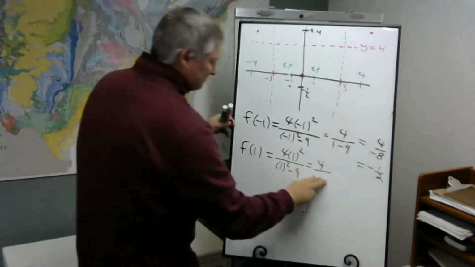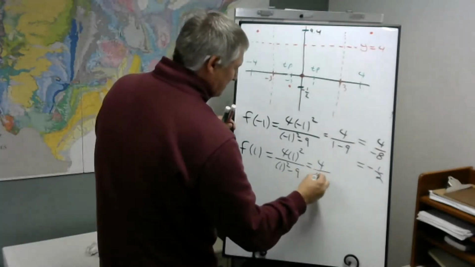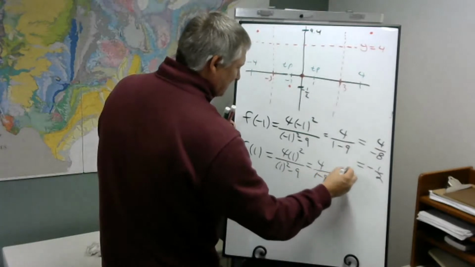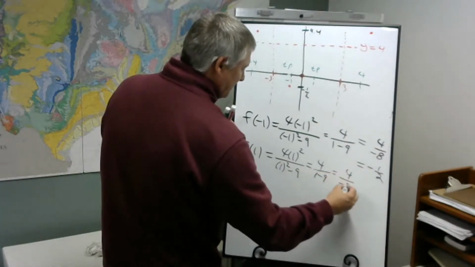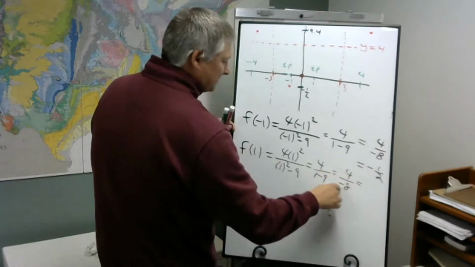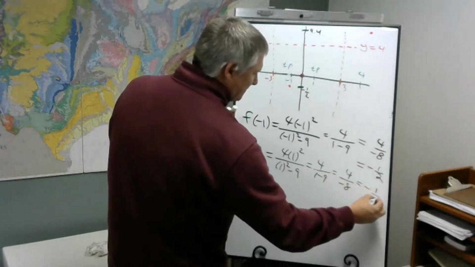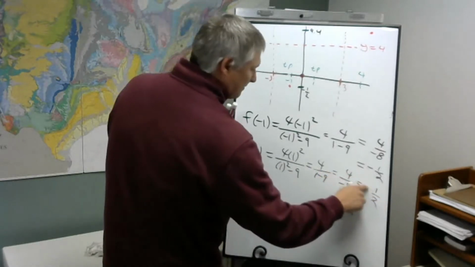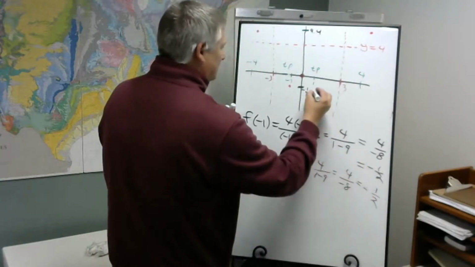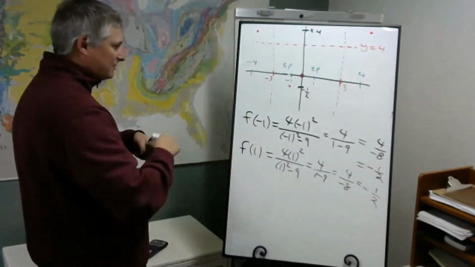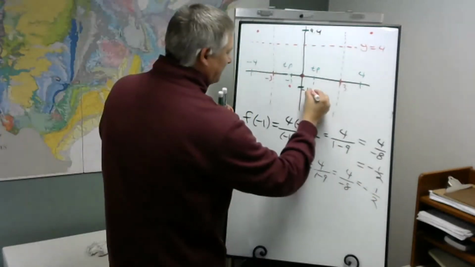The same thing here. This is going to be 1 minus 9, 4 over -8. Positive divided by negative is a negative. And so once again, we're down here.